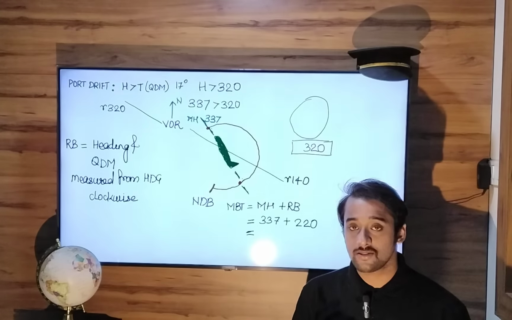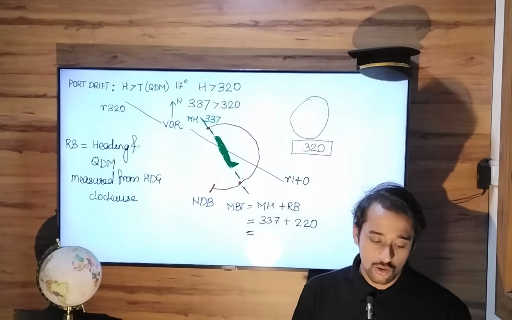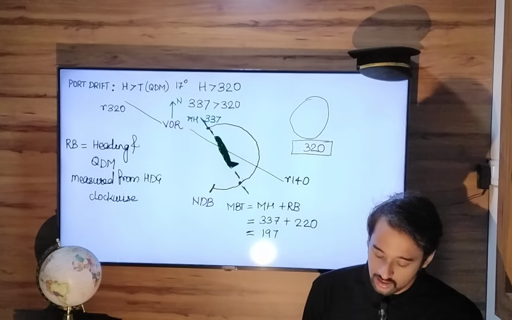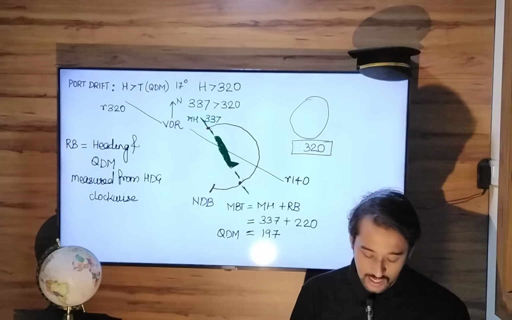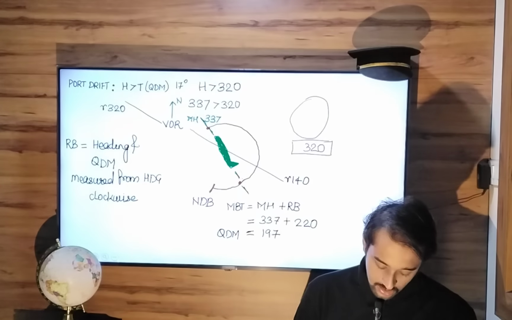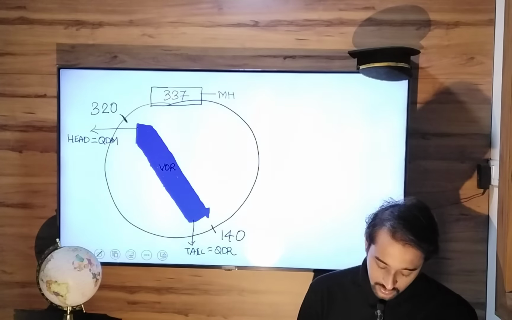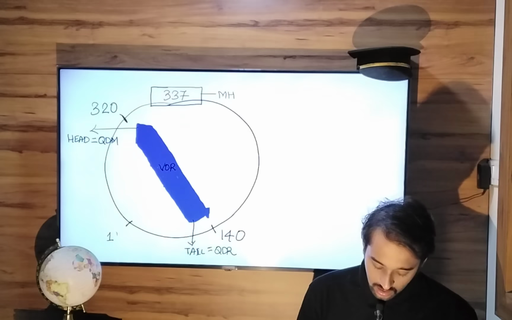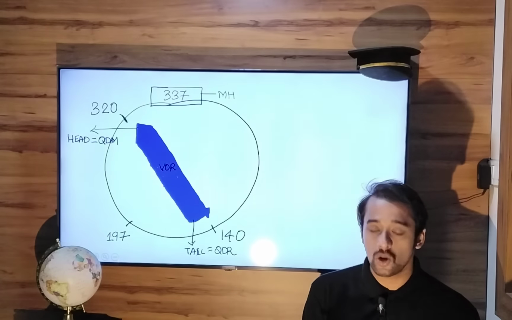When the value is more than 360, you subtract 360 from that. So you get 197. So magnetic bearing to the station, or QDM towards the NDB, is 197. The opposite of 197 will be 017.